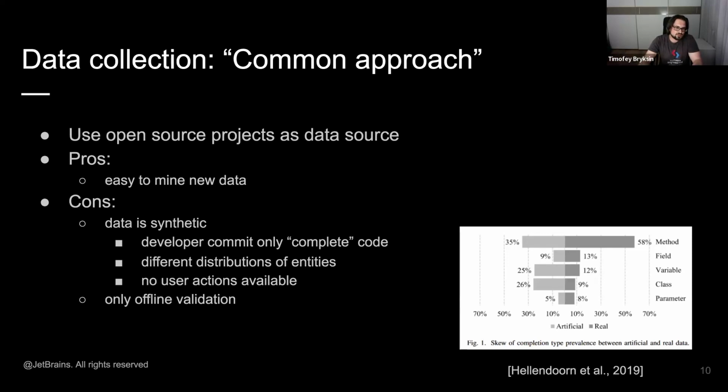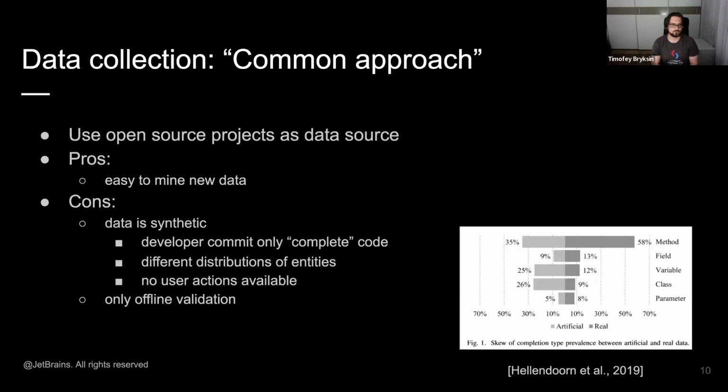While this approach is very straightforward, I could argue that it has a fundamental flaw. It provides us with a synthetic data set that differs very much from the real-world data set. In the well-known paper by Hellendoorn and his colleagues from 2019, they show that the distributions of different types of identifiers that different data sets contain are very different from the real ones.